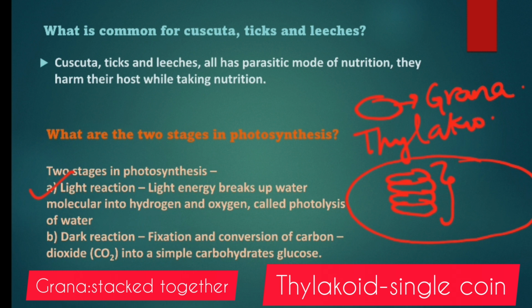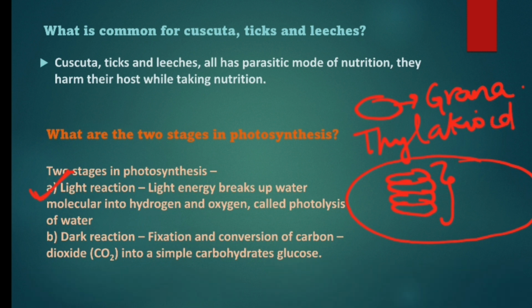This is the region where the light reaction, that is the presence of sunlight and splitting of the water molecules, takes place. Whereas inside the chloroplast there is a jelly-like matrix called the stroma. This is the part where the dark reaction takes place, that is fixation and conversion of carbon dioxide into simple carbohydrates, that is glucose.